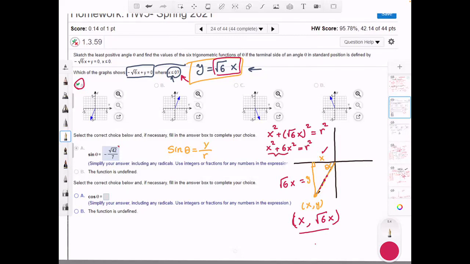We can add them. We get 7x squared equal to r squared. What is r? R will be x root 7. Please let me know if I need to explain this.